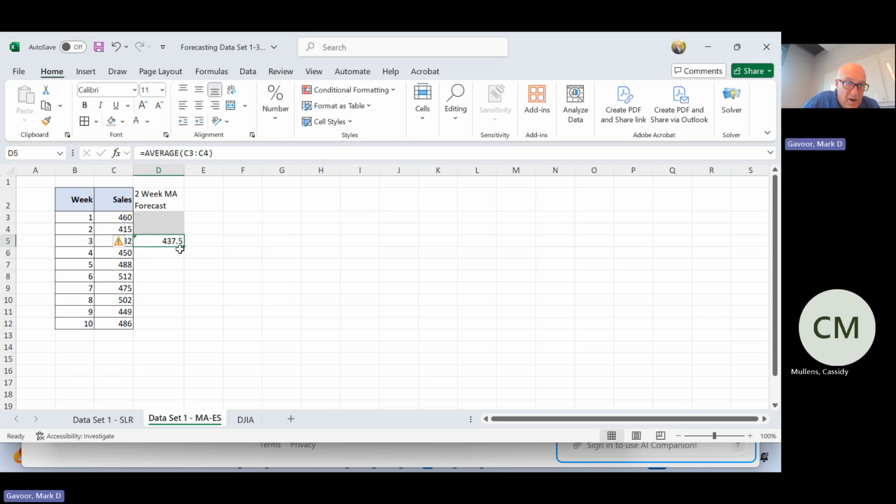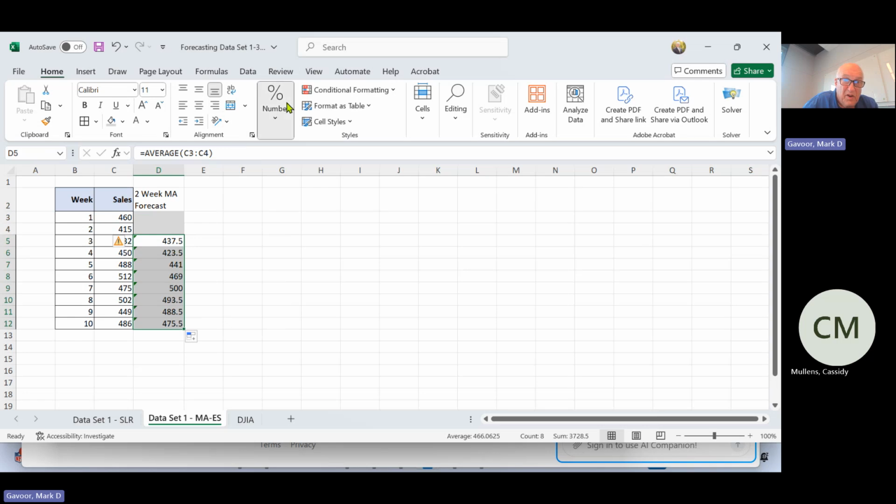And usually every other one, if you use 2, some of them are going to be 0.5, some of them are going to be no decimal place. Do I like that? I want them all to have no decimal place in the forecast, because we don't make half of something. Unless it's millions, then the 0.5 would be okay.